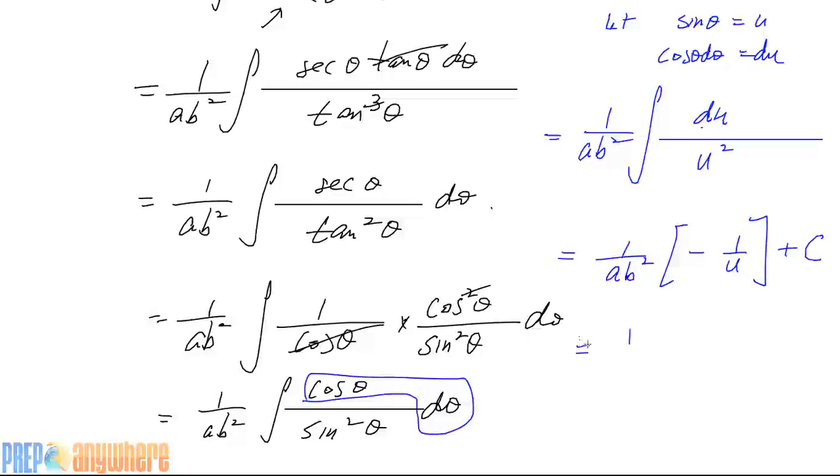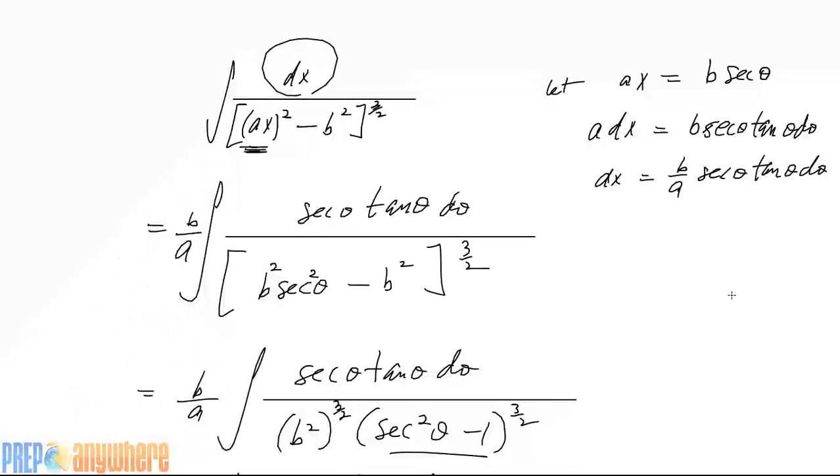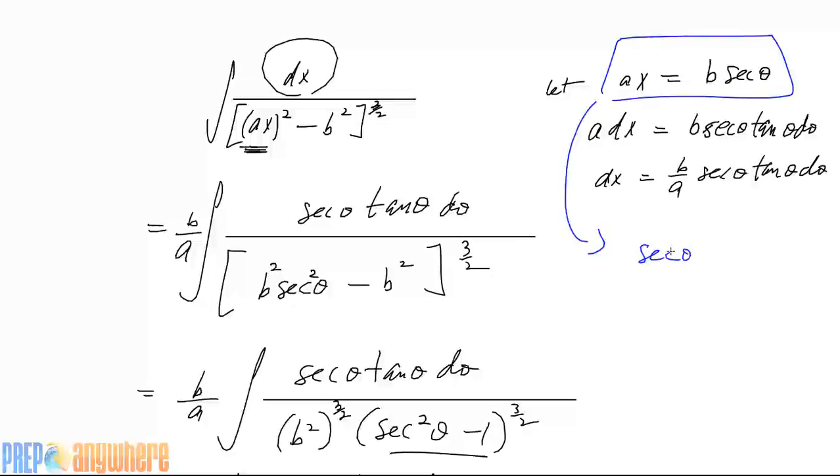Of course, you have to change this back into x. First of all, the u I'm going to replace with sine of theta. Going back all the way to the beginning, secant of theta is equal to ax over b, which is the reciprocal of cosine.